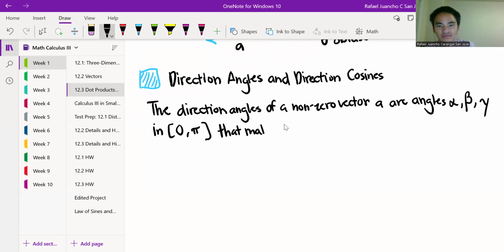So the direction angles of a non-zero vector A are angles alpha, beta, epsilon. So they're three angles in some interval that A makes with the positive X, Y, and Z axes.